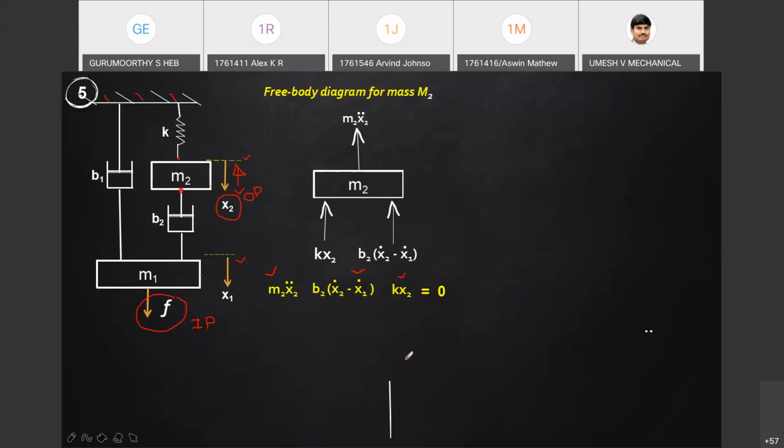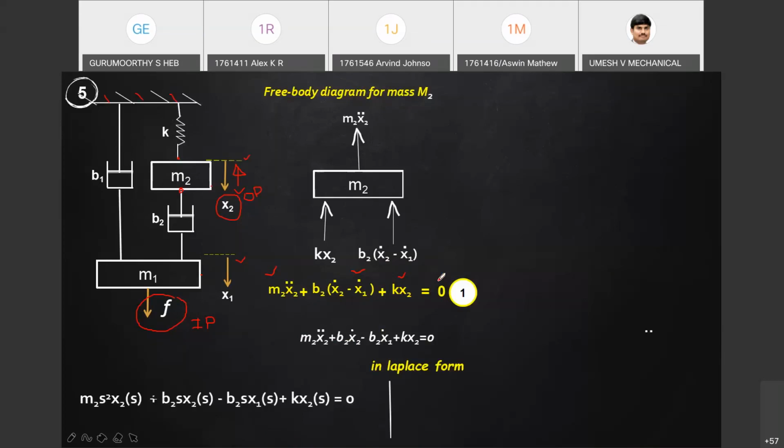You can put the sum equals 0. No downward forces. Okay. So this is equation 1. The other equation, let us see that later. We will take this dot open.